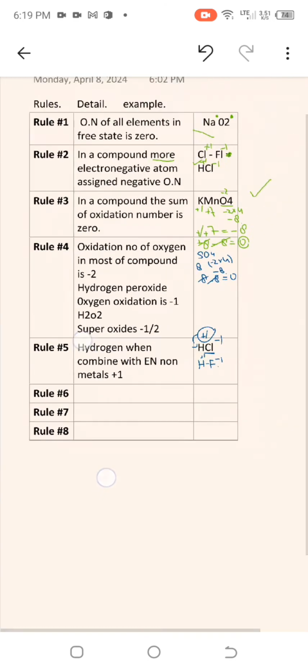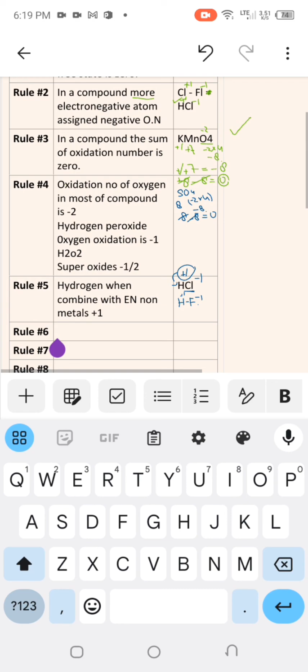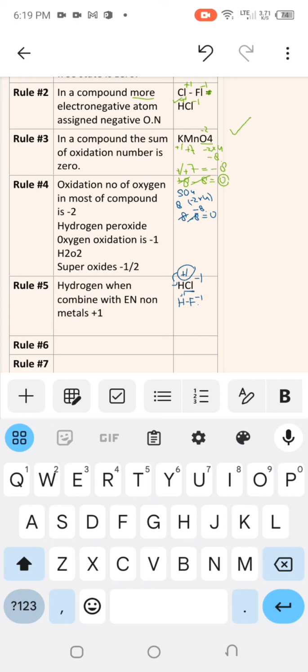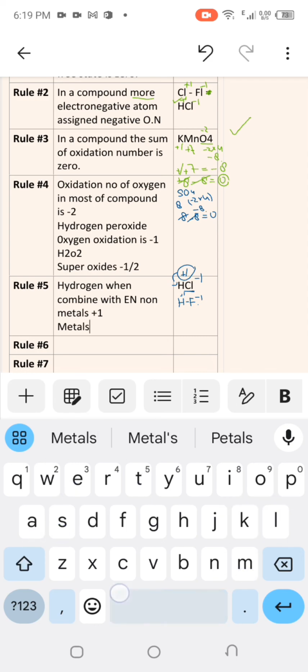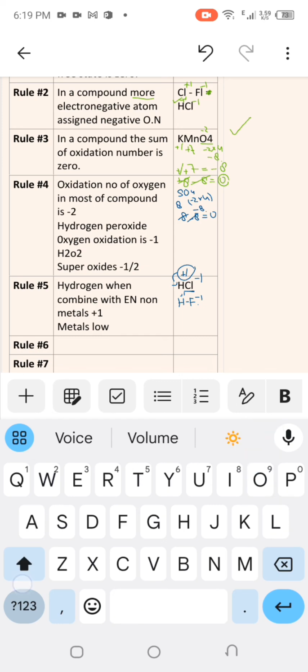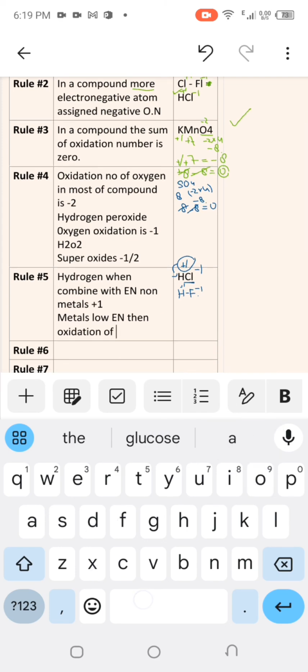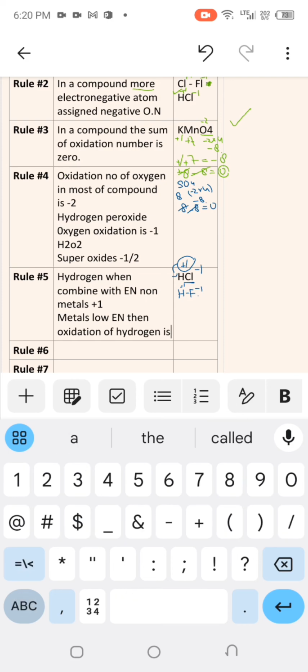Now in rule number 5 we have another frequent term. If hydrogen is combined with metals which have low electronegativity, then the oxidation number of hydrogen is -1.